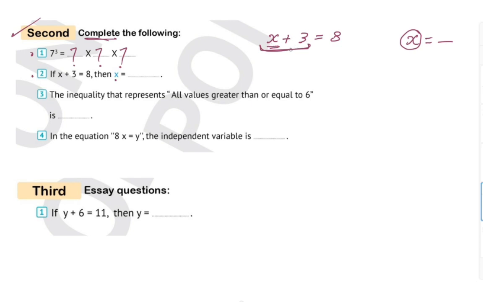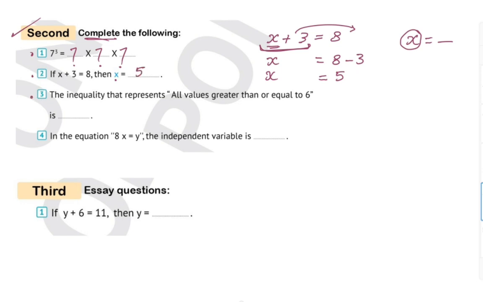I need to get rid of this positive 3 and send it to the other side. How? Every item of our equation without a change, but I will send positive 3 to the other side as negative 3. Now x equals what? 8 minus 3 equals 5.